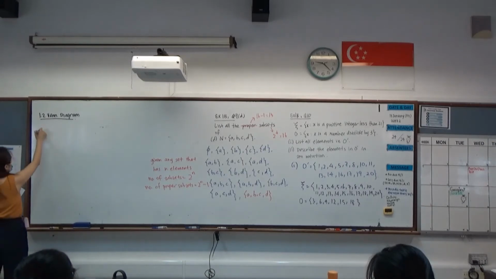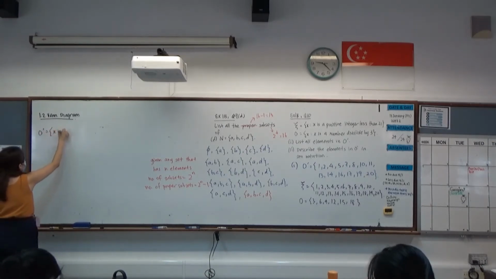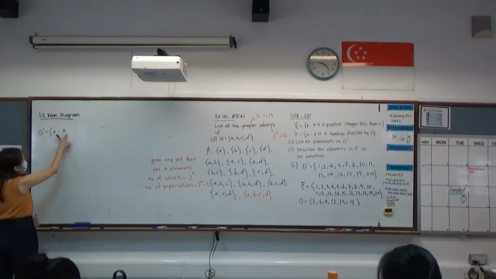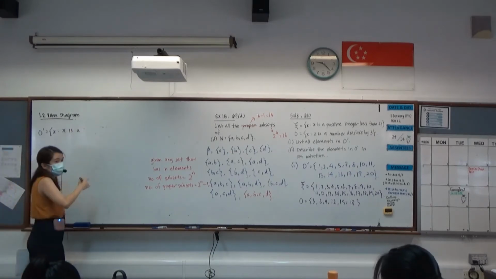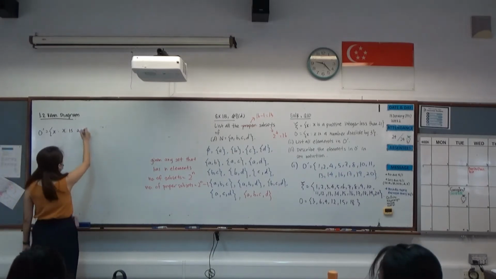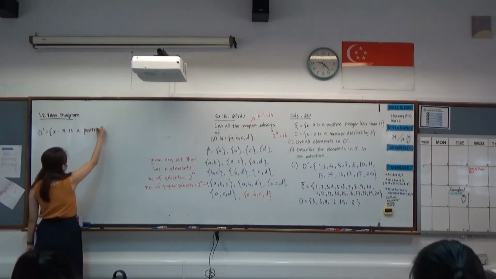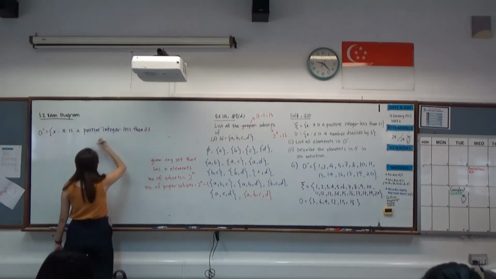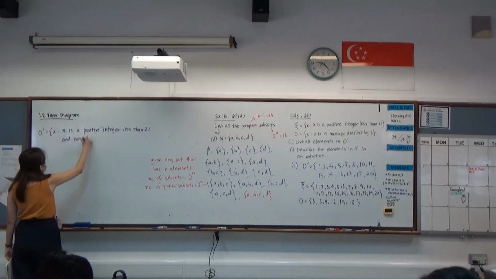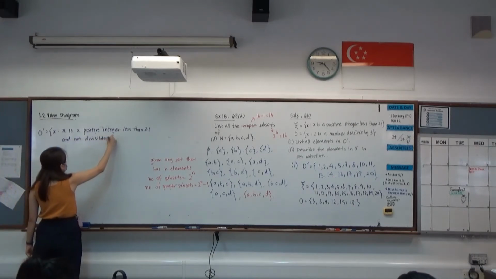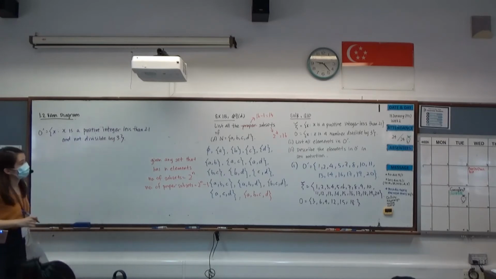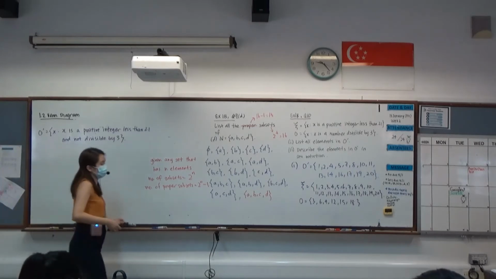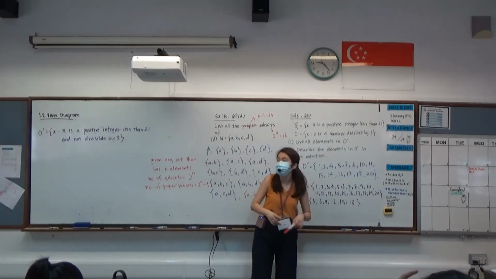Dylan says that O prime is a set, because the question wants it in set notation, where x are the elements, x is a positive integer less than 21 and not divisible by 3. Okay? Will that be okay?